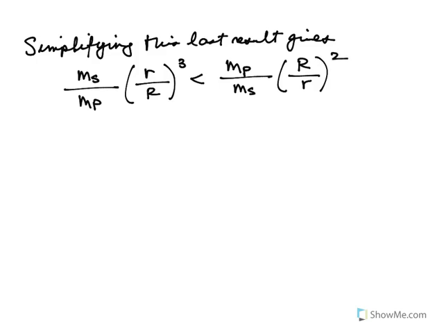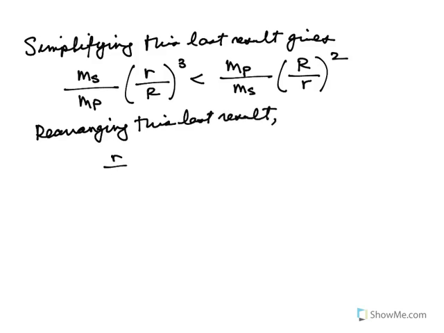Now let's rearrange it. We get that r divided by big R to the fifth is less than the mass of the planet divided by the mass of the sun, squared.